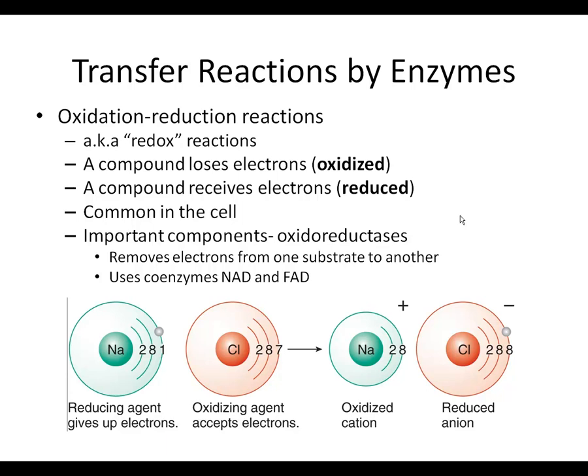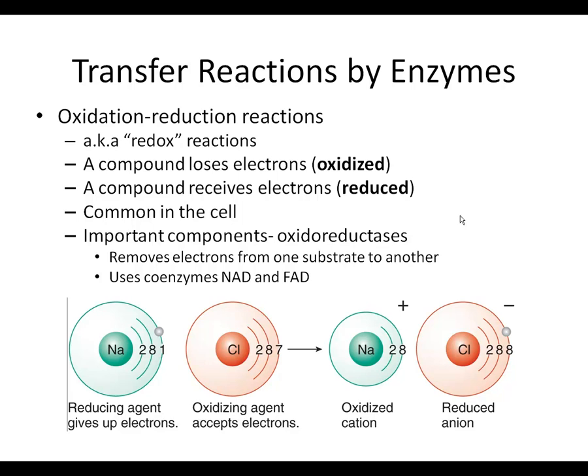So it's very common. Some of the important components are the oxidoreductase enzymes. These are going to be enzymes that run the whole oxidation reduction reactions. All of the oxidation reduction reactions that have enzymes attached to them are going to be these oxidoreductase enzymes.